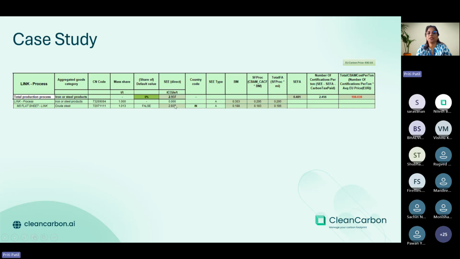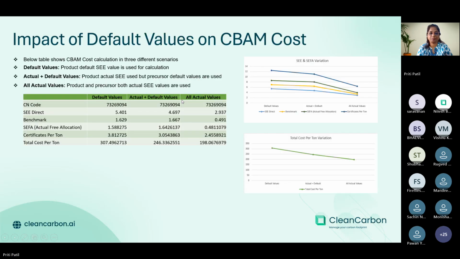And once you use that default value, it is 4 point something. So your SE total direct immediately rises up to 4 instead of 2.9. Here the example is 4.697 when you use a combination of actual and default. And when you have both actual values, you have 2.937.